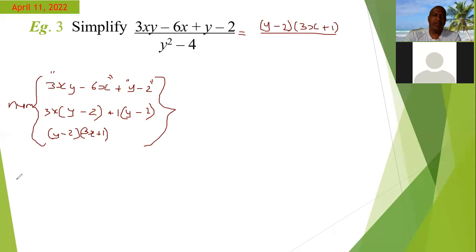Now, for the denominator, what are we going to get? So we factorize y squared minus 4. What will this give us? Ms. Wilson, if we factorize the denominator, what do we get?